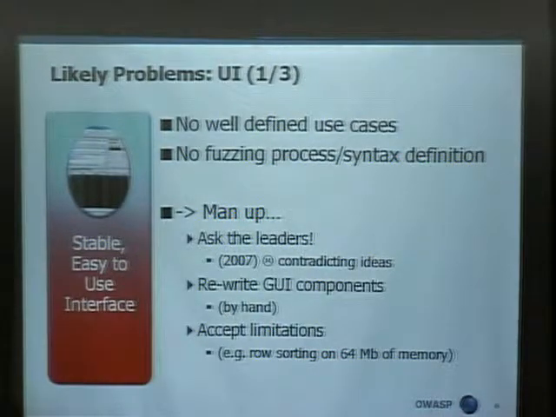And also, you've got to accept some limitations. So if you send approximately, I don't know, 2 million fuzzing requests, well, you're not going to be able to row sort all those with 64 megabytes of heap when you're launching a standard jar file. So there's some limitations to address. That's the easy part, the user interface.